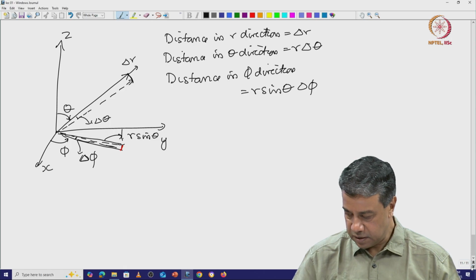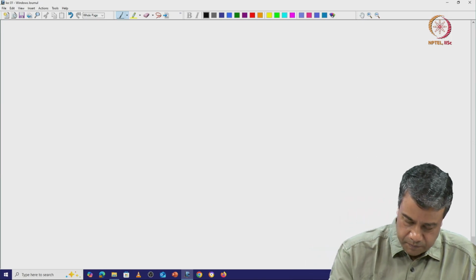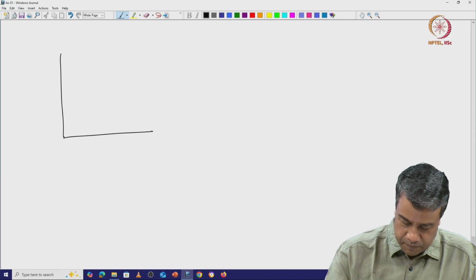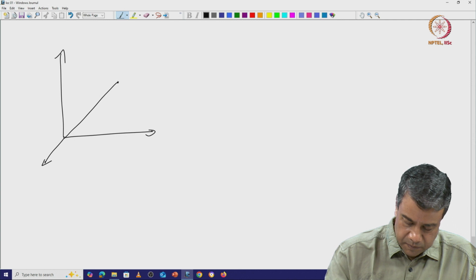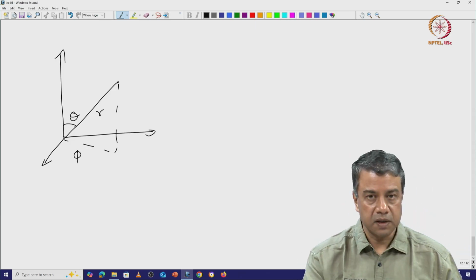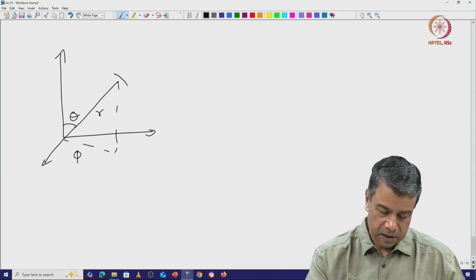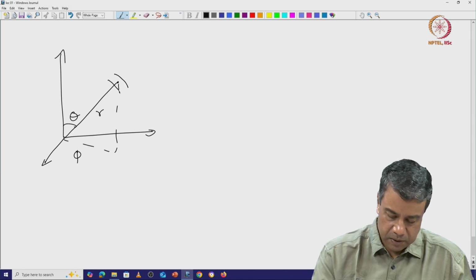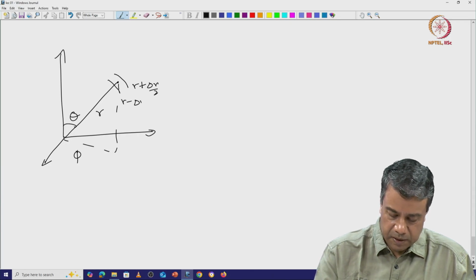So, let me construct the differential volume for you. This is r, this is theta, and this is phi. The surfaces bounding this differential volume in the r direction are at r plus delta r by 2 and r minus delta r by 2.